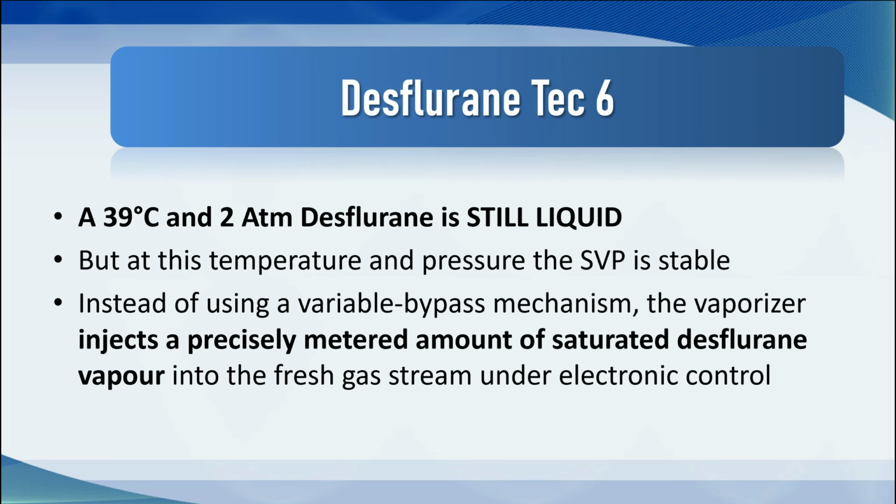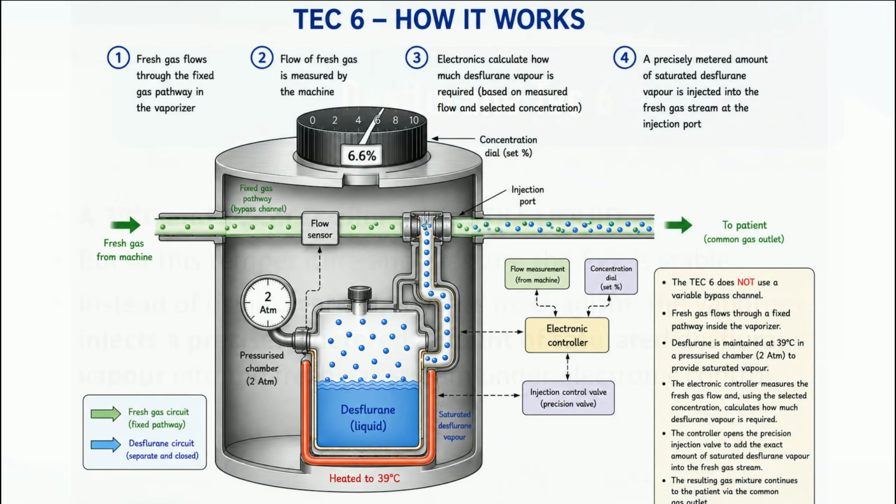Instead of using a variable bypass mechanism, though, the vaporizer injects a precisely metered amount of saturated desflurane vapor into the fresh gas stream under electronic control. So here we have the heating element, the pressurization, and the injector. The fresh gas does not pass through the vaporizing chamber. This is an entirely different technology, and that's why it had its own designated model, TEC 6.